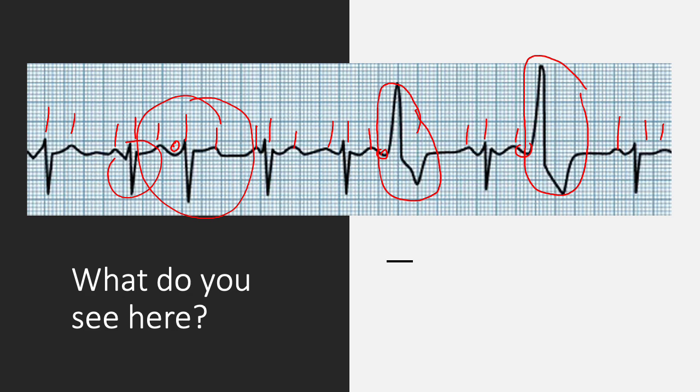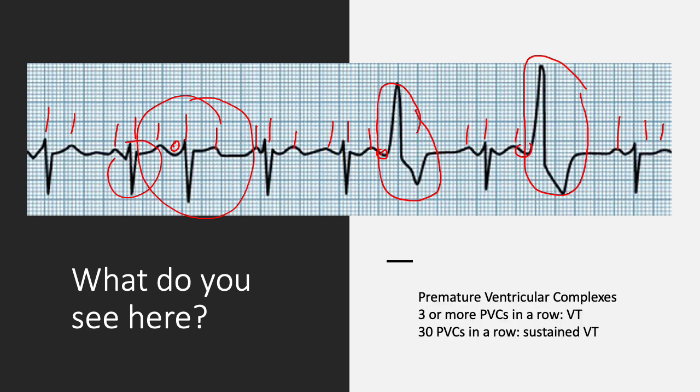It could also be something called a fusion beat, where there could very well have been a PVC that was starting at the same time that there was some depolarization happening within the atria, and so you get a fusion beat. So it could have been either of those.